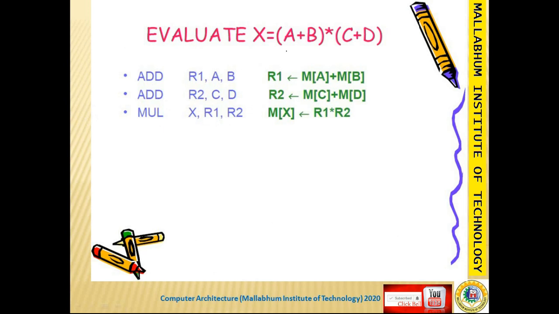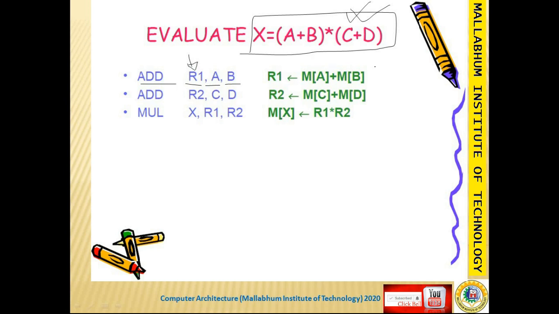Next, evaluate this. Suppose this is your expression. We want to evaluate this expression with the help of the 3 address instruction. Then we write add R1, A, B. That means R1 is the destination where we want to store the final result.